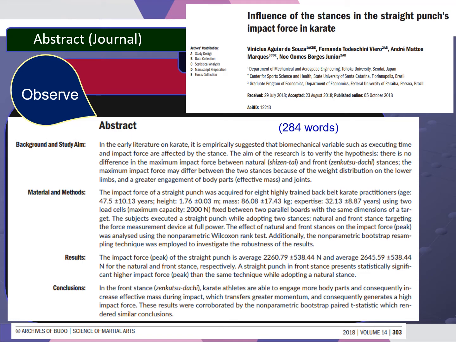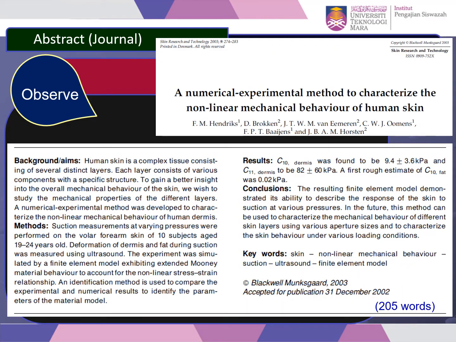In this form of abstract, I guess this is easier to write. Moreover, it has more words. It's not only 100 words, it has close to 300 words. So if you have time, you can go to this journal and have a look at more references.